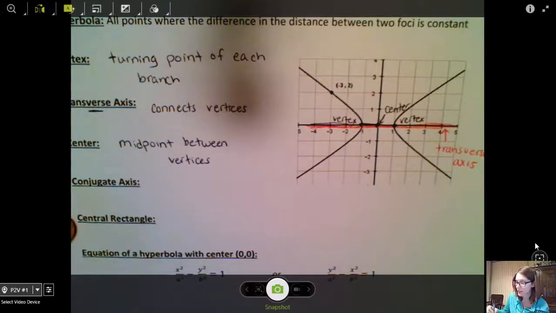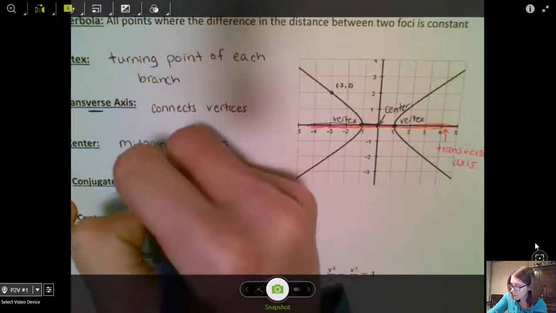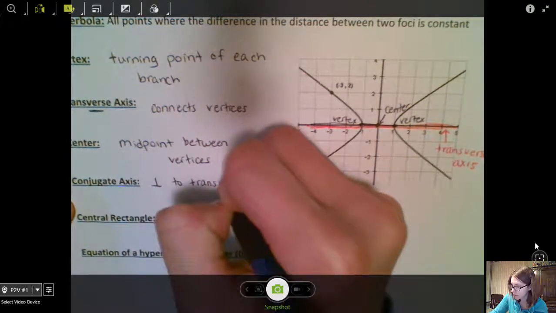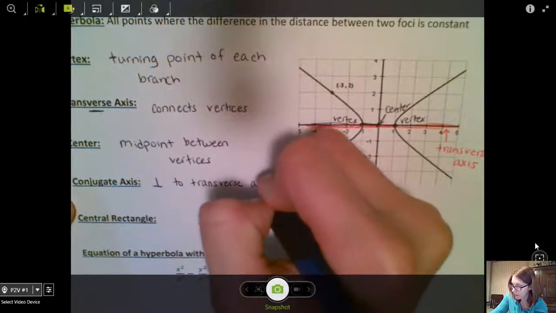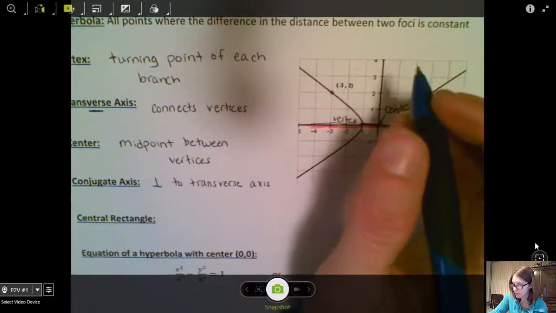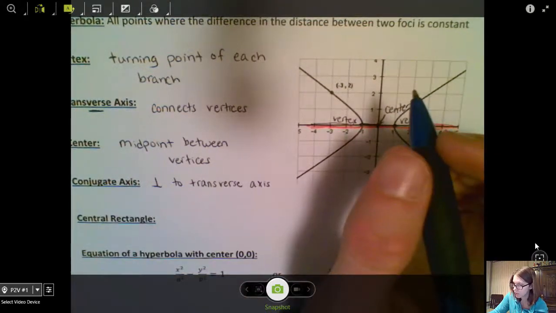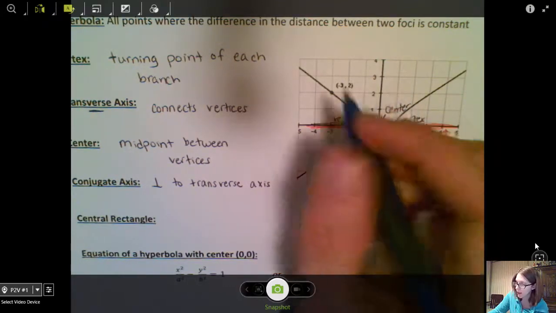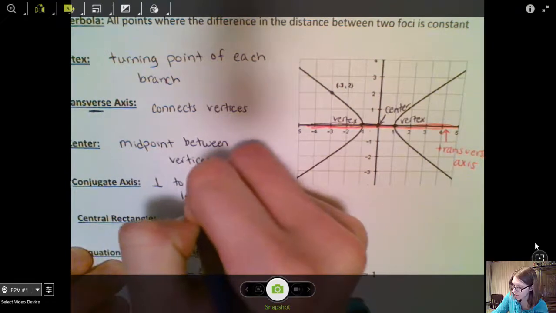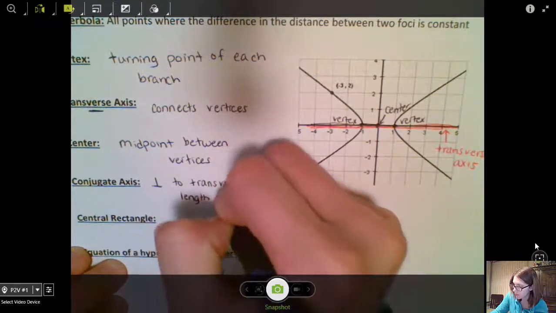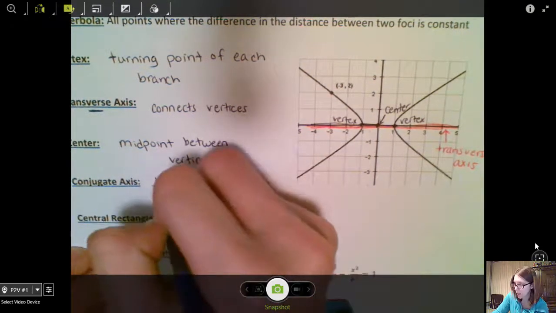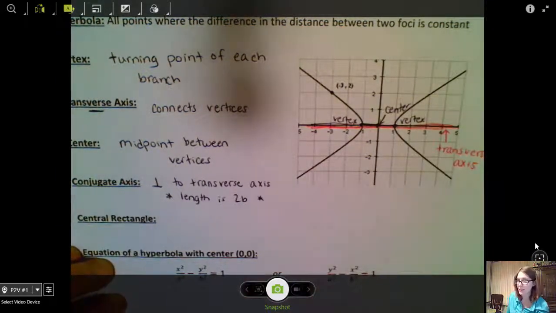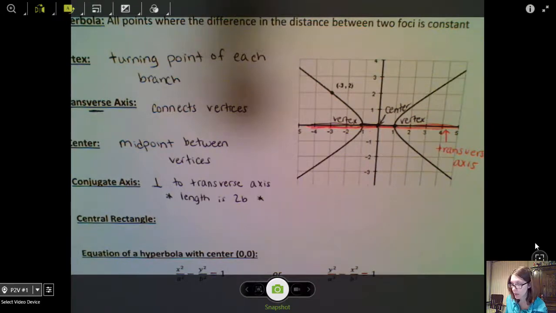The conjugate axis is perpendicular to our transverse axis. And the length is 2b. This part will come back into play a lot more in just a second. The length of that conjugate axis is 2b.